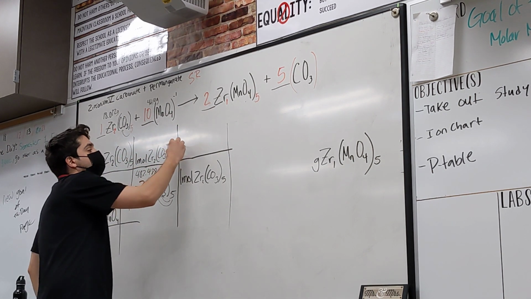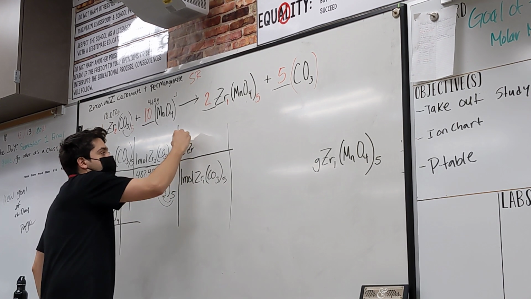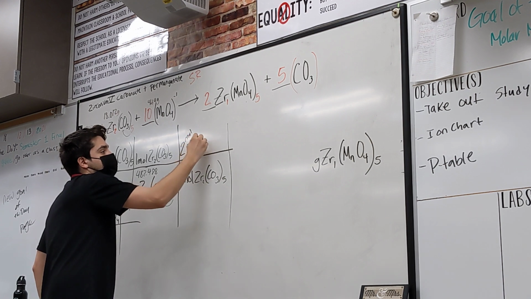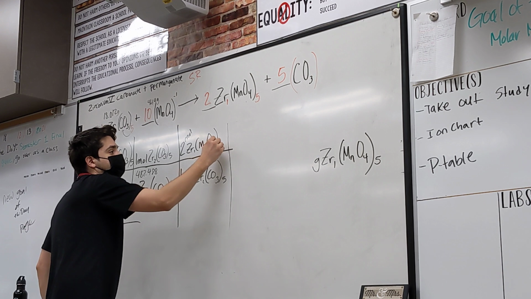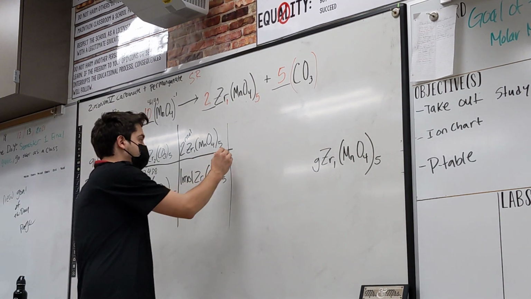Yeah, so 2 moles of ZR, oh sorry, moles of ZR 1 MnO4 5. All right, so we got that. So we're clean there.